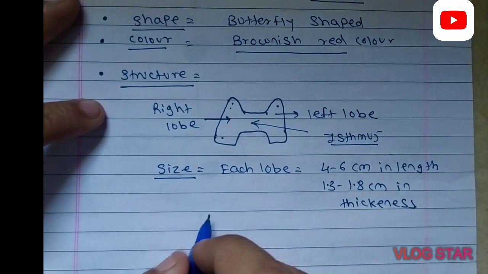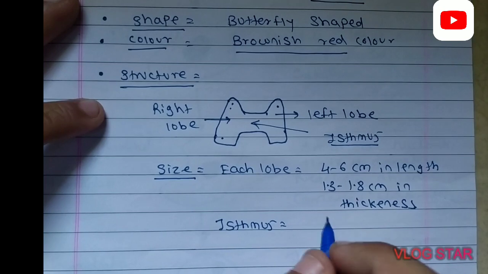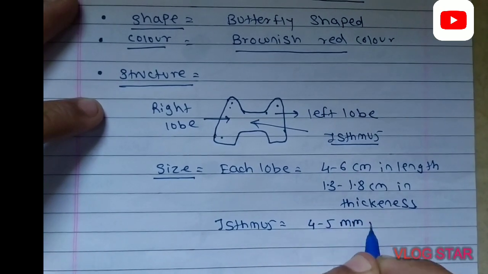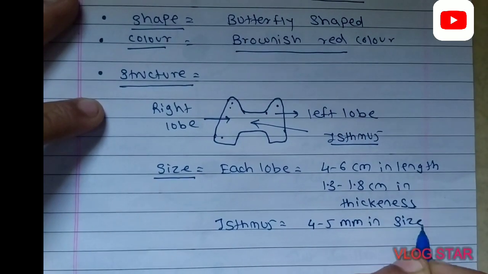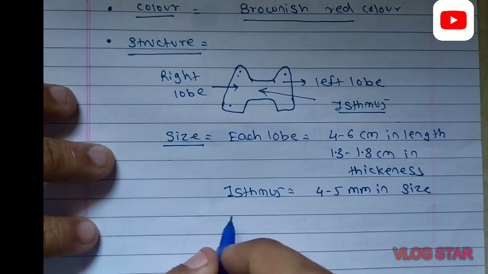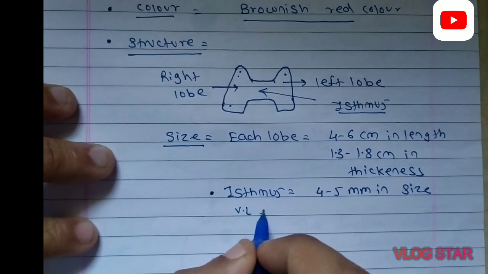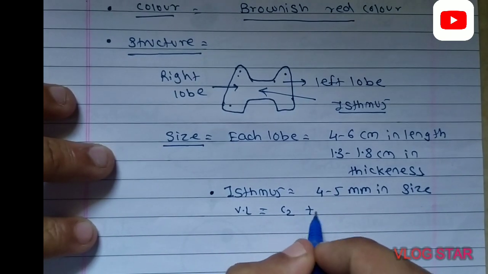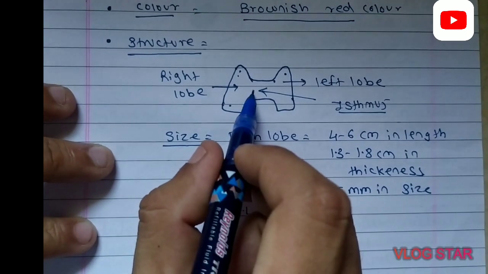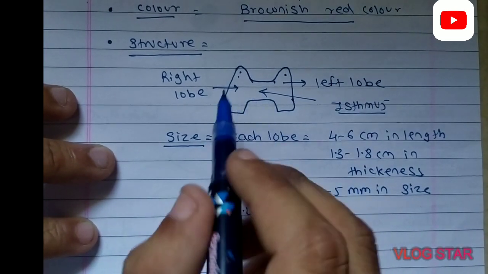The middle isthmus is about 4 to 5 mm in size. The isthmus is located at the vertebral level cervical 2 to cervical 4 vertebrae.